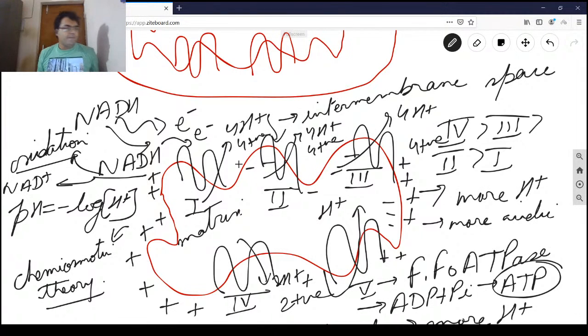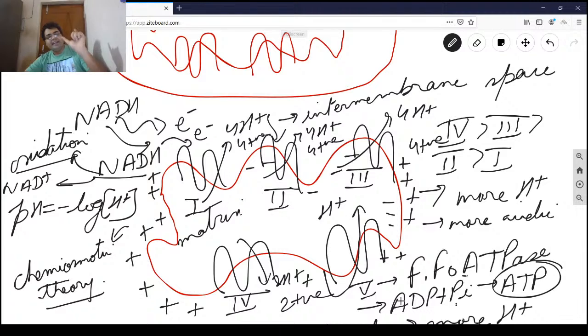That is oxidation. And this continuous oxidation process does what function? It generates the electrochemical gradient, and what does this gradient do? When the H plus comes back through complex 5, through the F1 F0 ATPase, it is able to phosphorylate adenosine diphosphate to produce ATP.